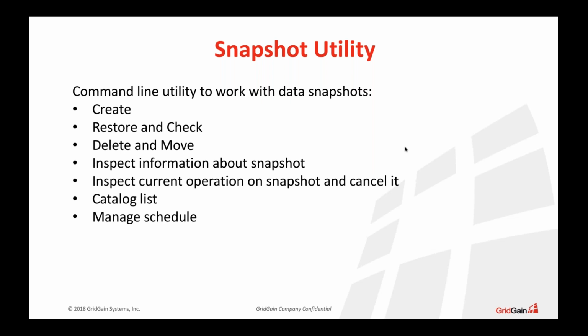Note that before you can create an incremental snapshot, you have to create a full snapshot. Also, you can restore data from your snapshot, and you can restore it on certain cache groups or caches that you specify. So you don't have to restore everything at once. You can do separate chunks that you want.